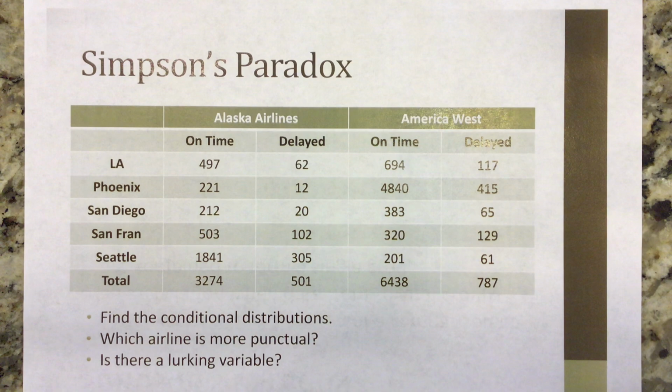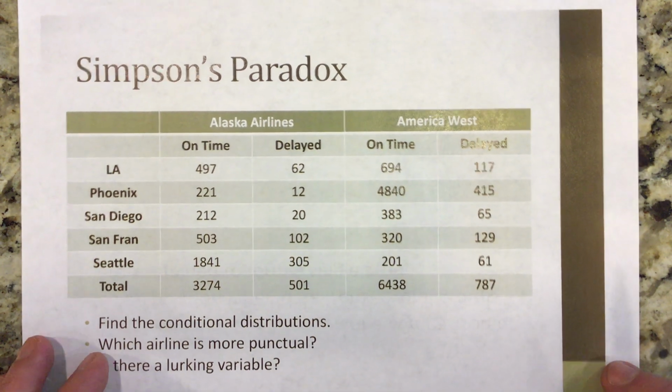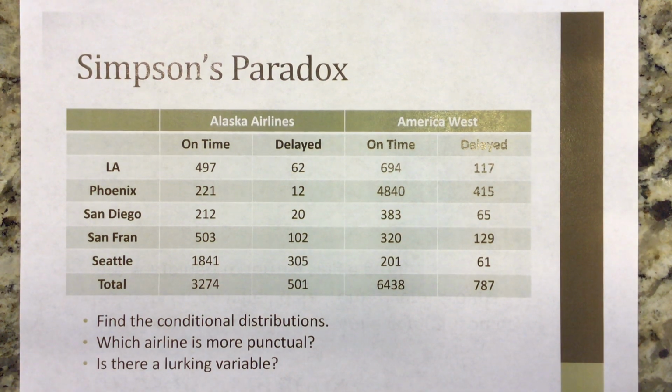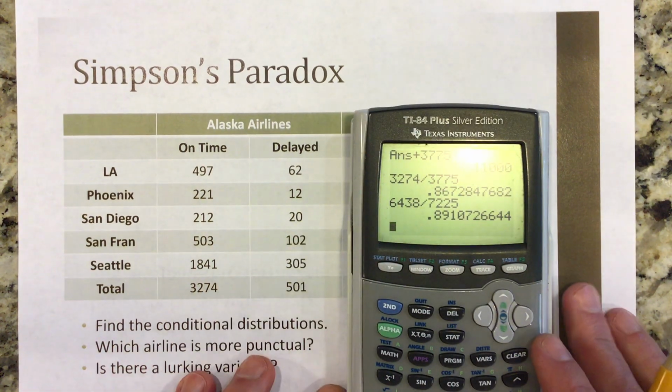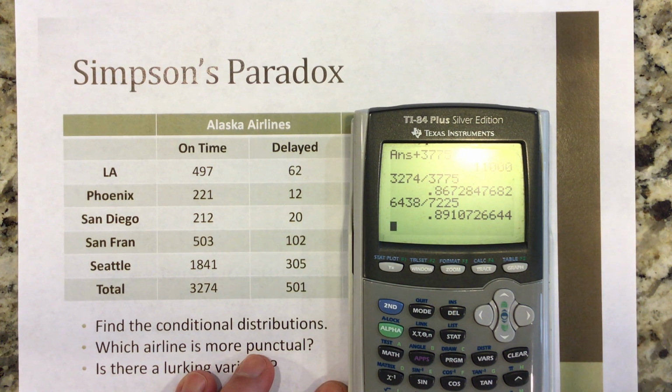So same totals, but now it's broken down by airport. So let's compare the two airlines by airport now, and that way we could say where is the Alaska Airlines in need of the most assistance and training. So let's go. Alaska, LA.